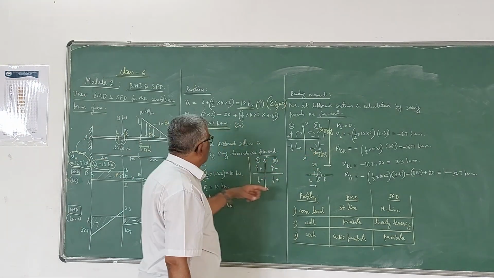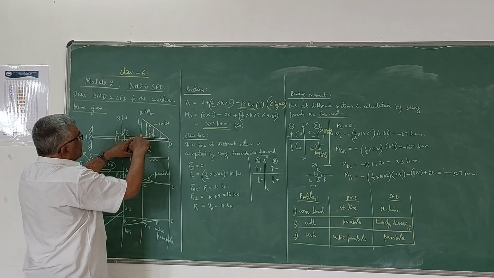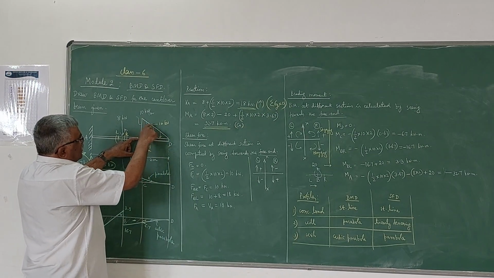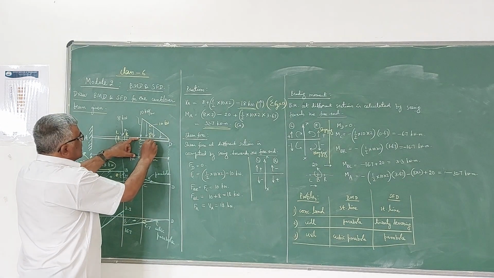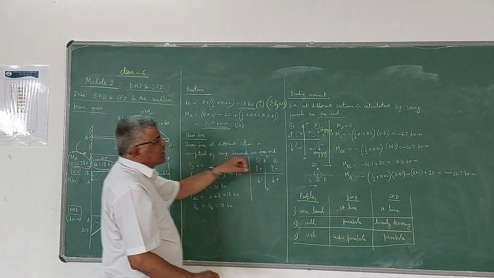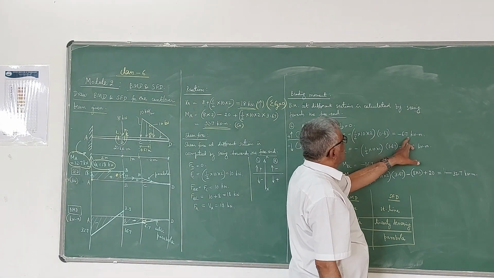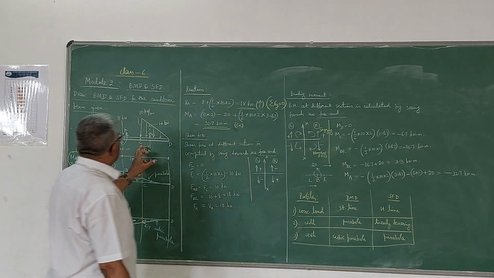Therefore it is a hogging, negative bending moment. To calculate it, take this 10 kilonewton equivalent concentrated load multiplied by the distance. Distance is 0.67. So minus 10 into 0.67, which is minus 6.7 kilonewton meter, is the bending moment at C.